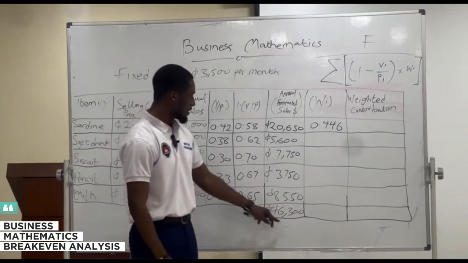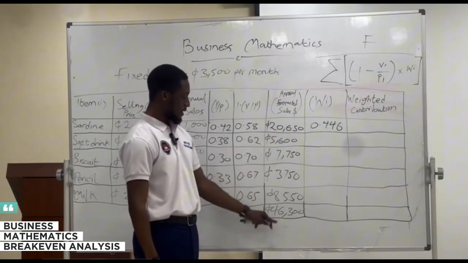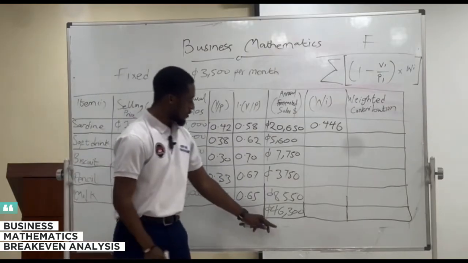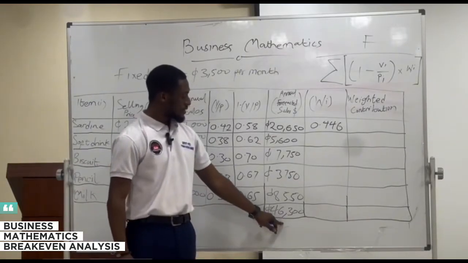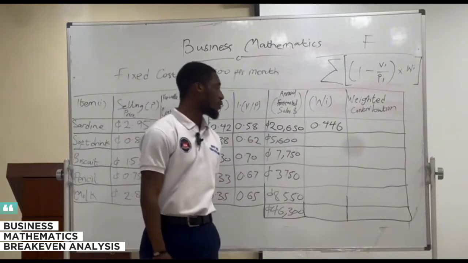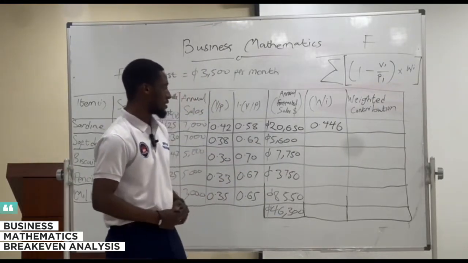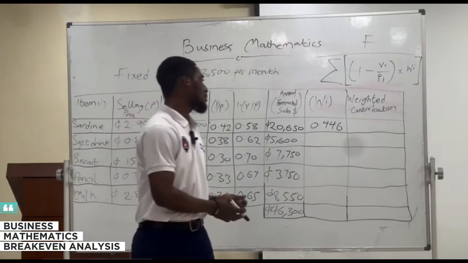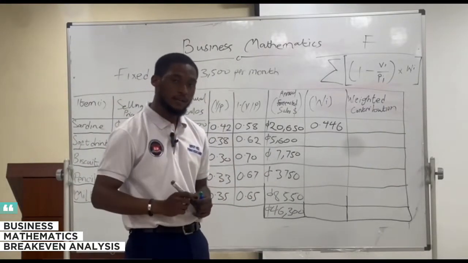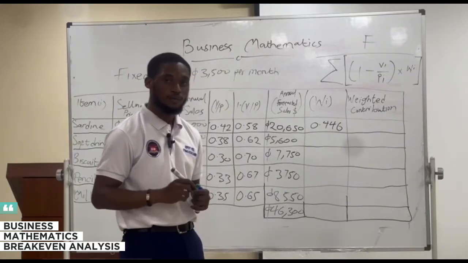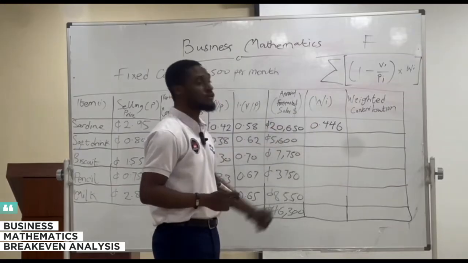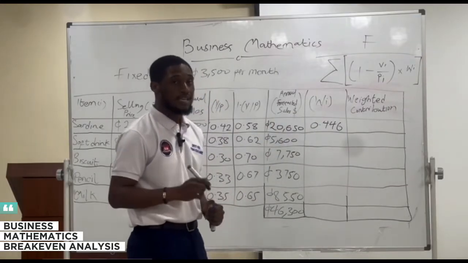If we divide the annual forecasted sale of sardine with 46,300, the total annual forecasted sale, we'll get 0.446. So this is how to calculate the WI. Now take your pen or pencil, your calculator and your jotter, and calculate the WI with what I just said.